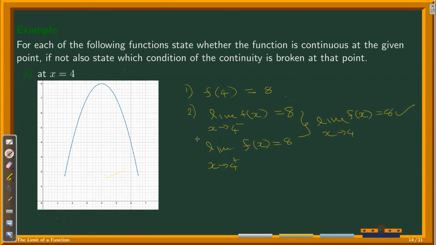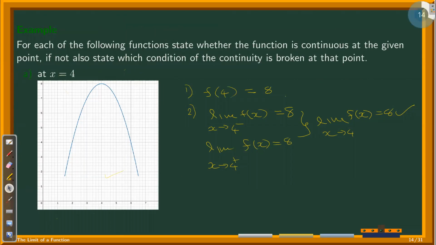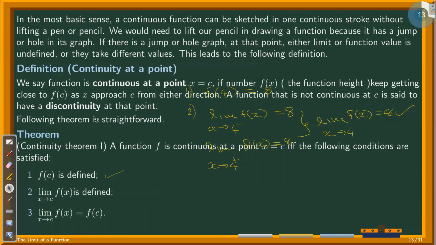Okay, so that is defined. So the second condition here is fine. We have to check for the third now, no? This is the second condition. Then the third one, I have to check whether those two are equal.